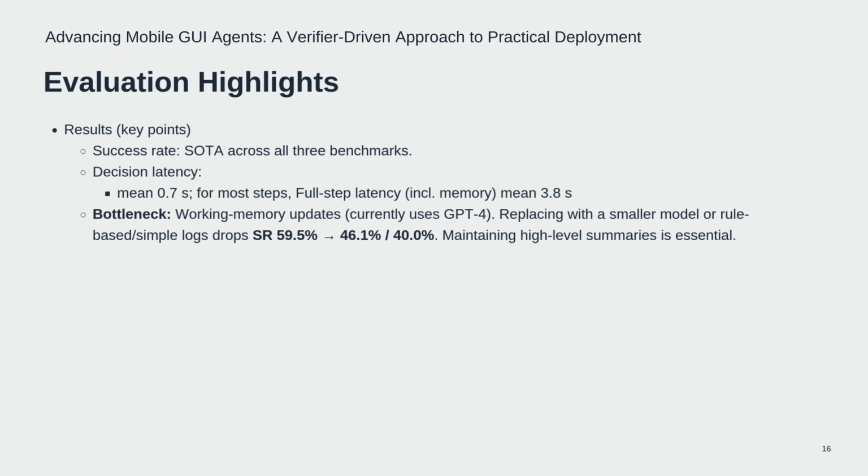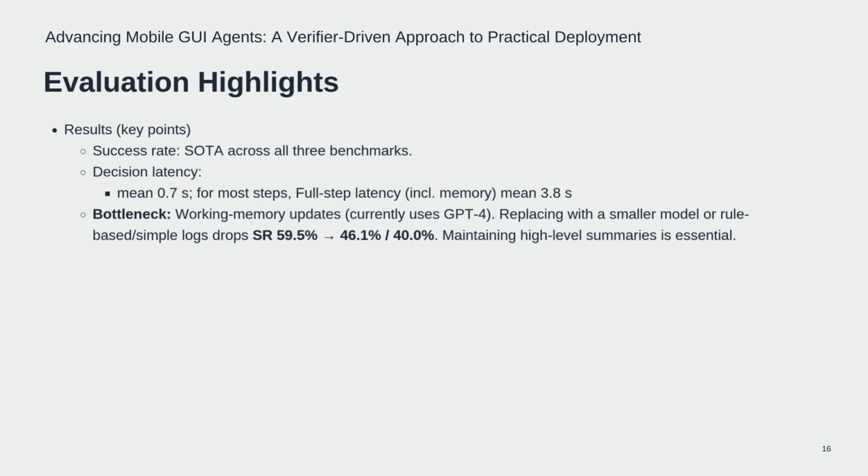With no proper memory, success fell from 59.5% to about 40%. And even using a simple rule-based summary, it was about 46%. So the agent really needs one good high-level summary of what has happened to avoid getting confused or repeating mistakes.